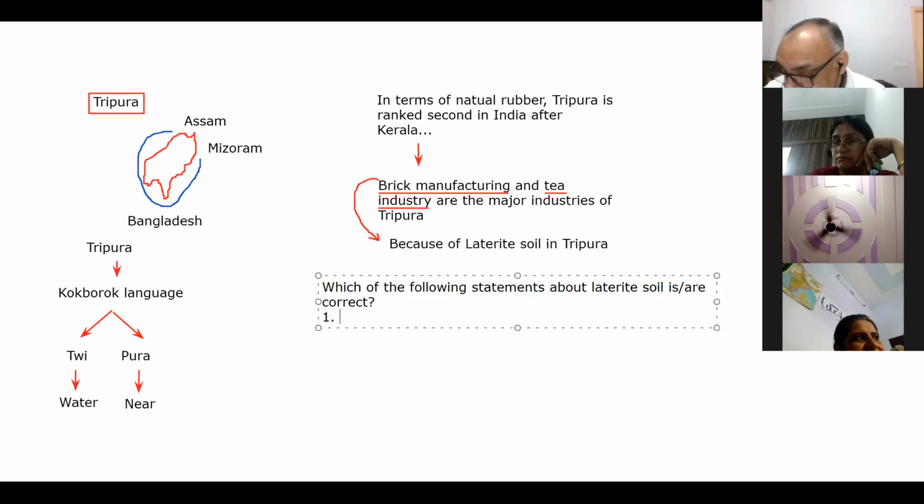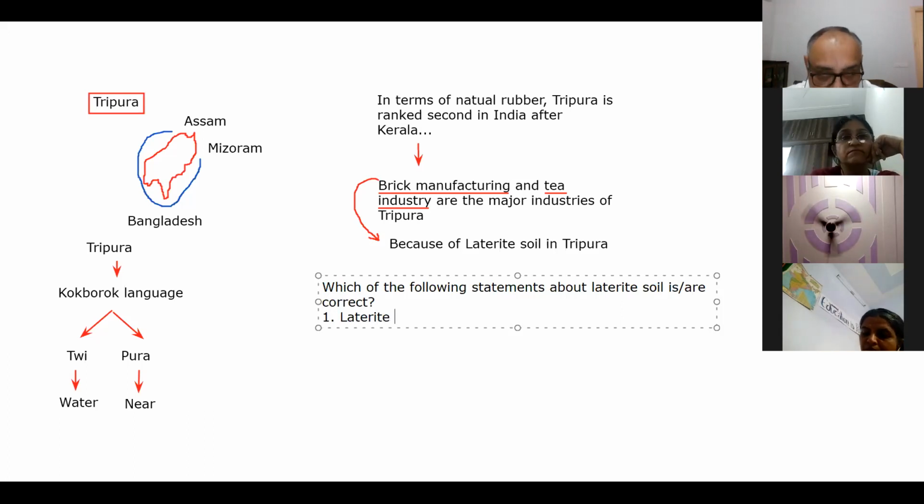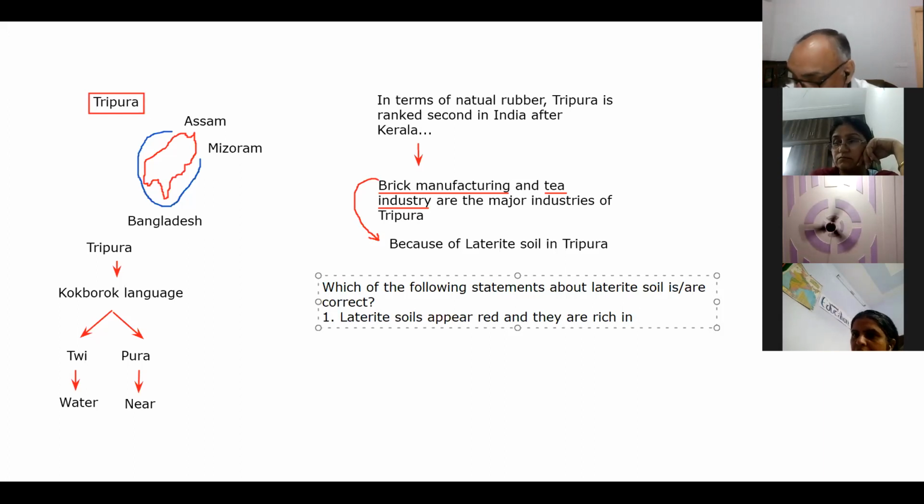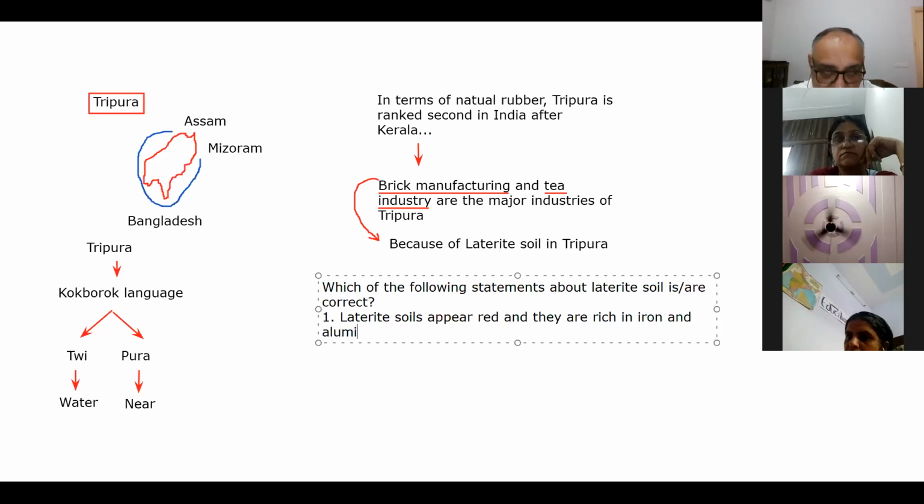Number 1: laterite soils appear red, and they are rich in iron and aluminium.